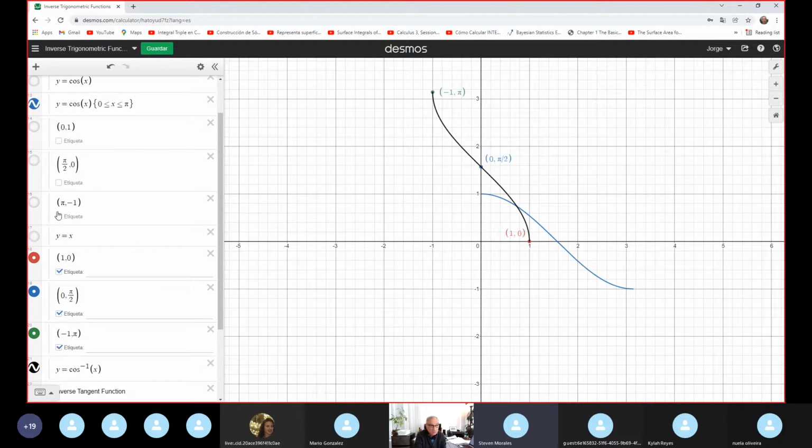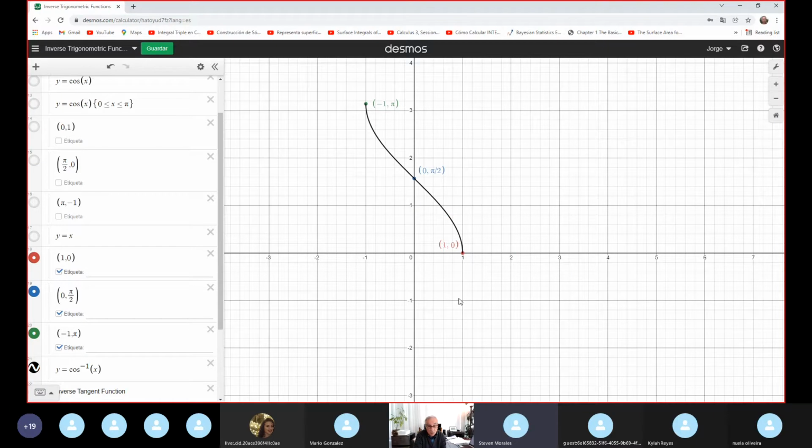Look. This is my cosine inverse function. Oh, and then my cosine inverse function is different. Because when the value inside the inverse trigonometric function, that by the way is always between negative 1 and 1, is positive, the answer of the cosine inverse gives me an angle in the first quarter.